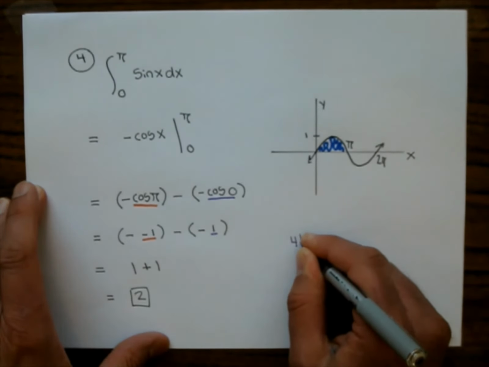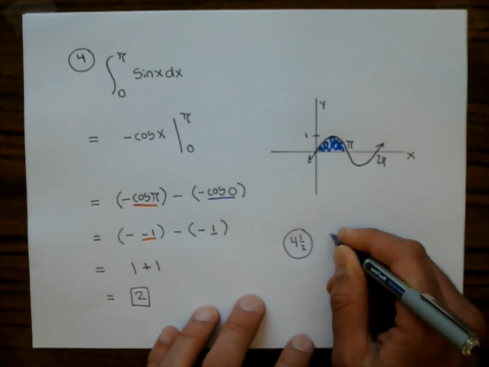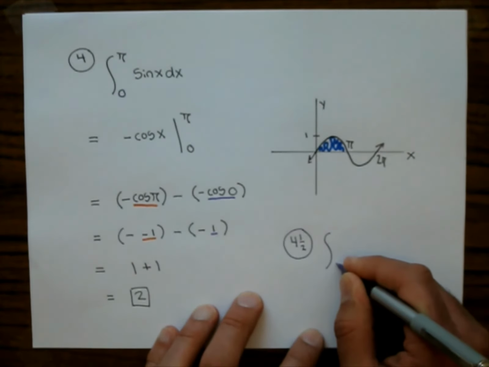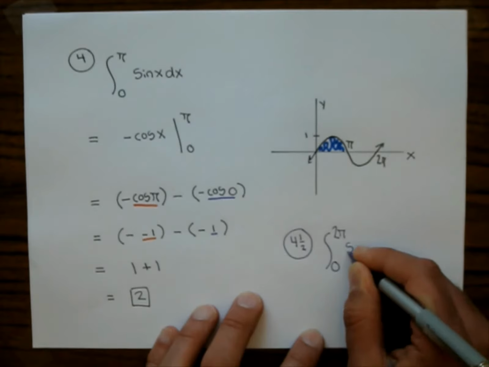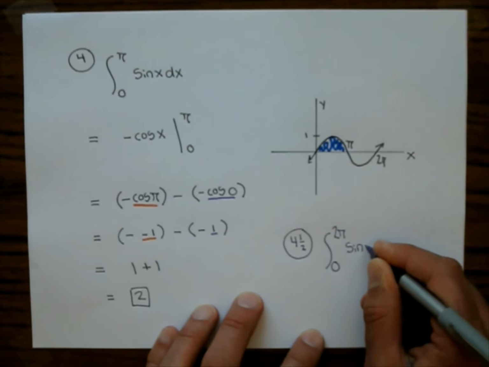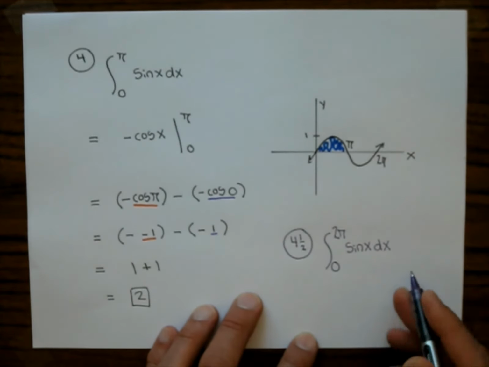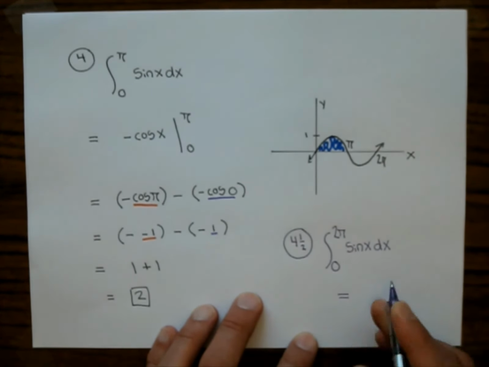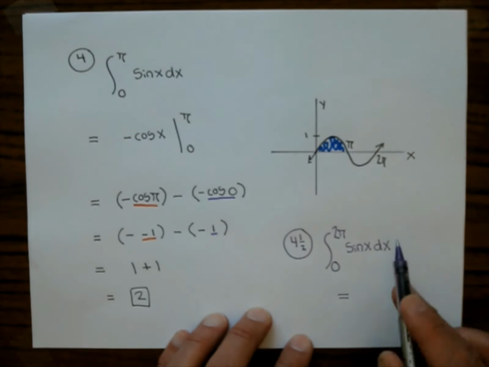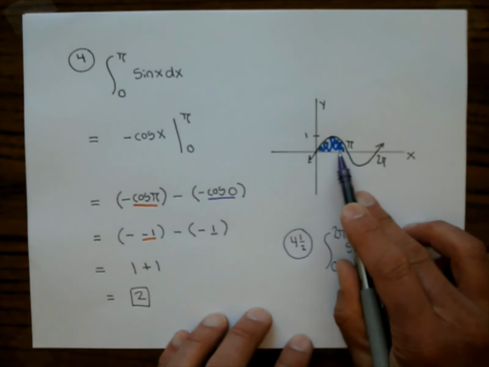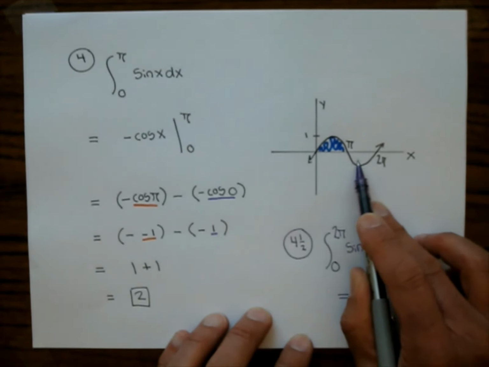I'm going to go ahead and do problem 4.5. It's going to be really quick. So if I went from 0 to 2 pi of the sine of x, I'm not going to do the calculus on this, but maybe you can tell me what the answer is, or you can't because you're just watching a video. But look, if you go like this, you've got an area of 2 there, but then you've also got an area of -2 down there.